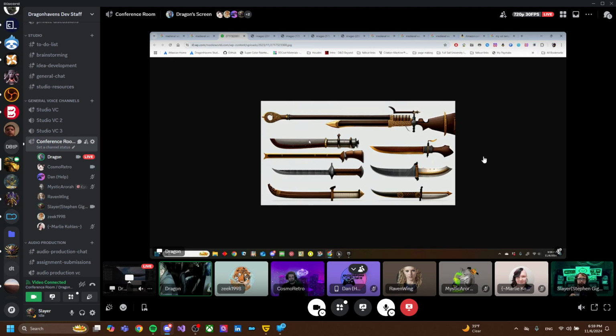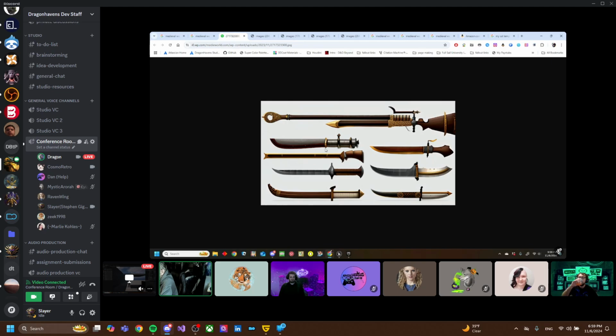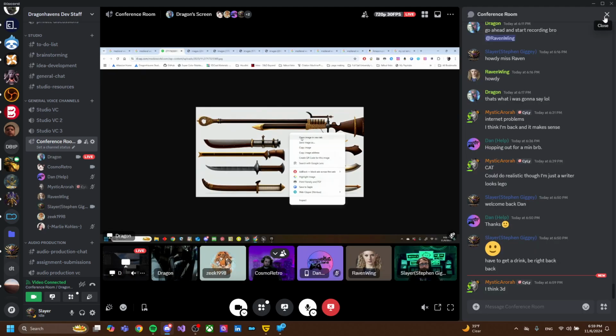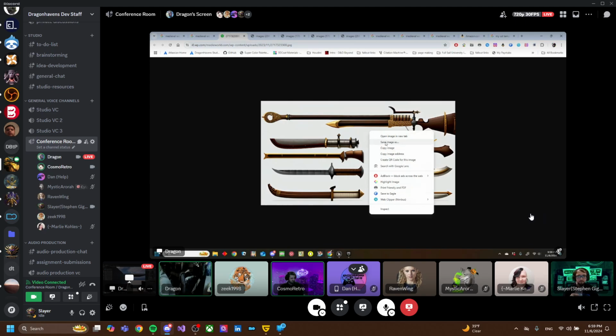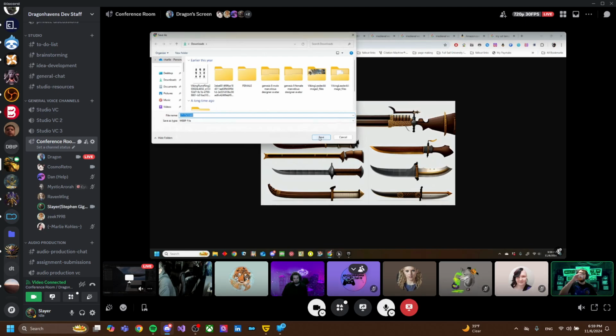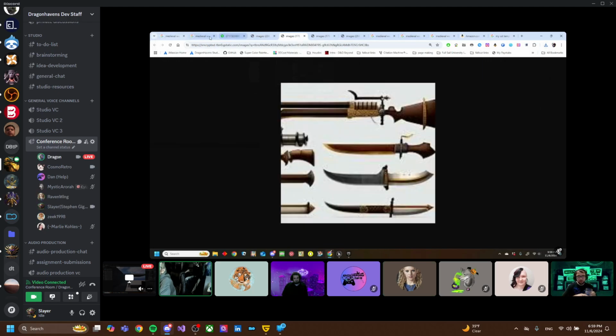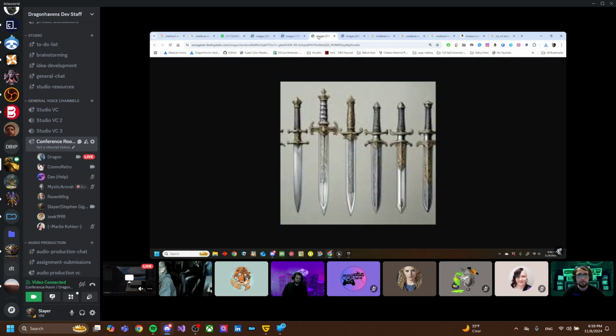As far as the texture style, are we wanting to do the textures like this, but on a 3D object? I think so, if everyone is agreeable to that. It depends what everyone else thinks. Let me save it. That was a crappy image. Where was that good image?